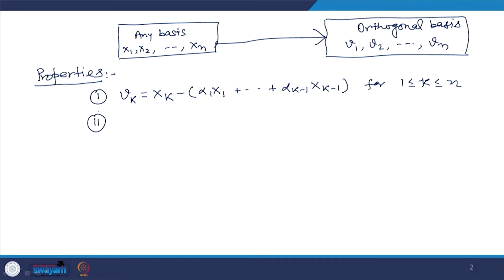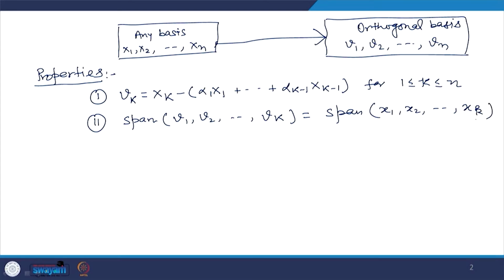Now, second is, the span of V1, V2, up to Vk equals the span of x1, x2, up to xk, and this you can prove easily by using this particular thing.